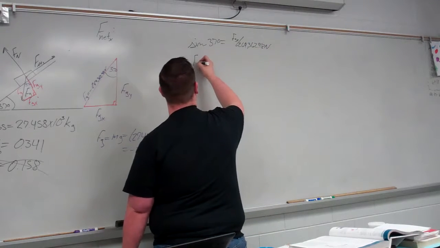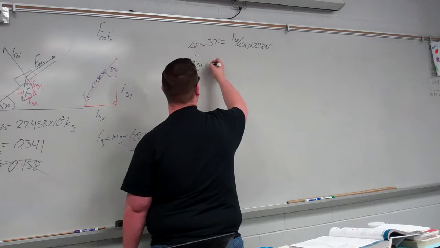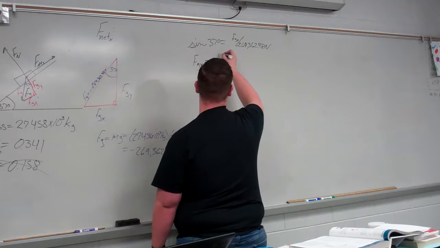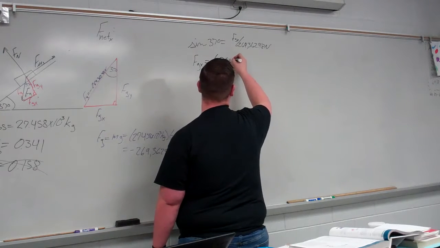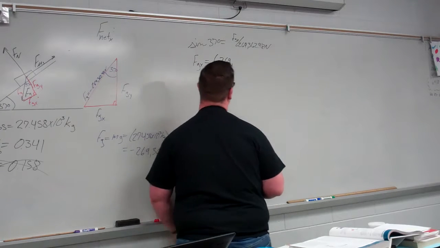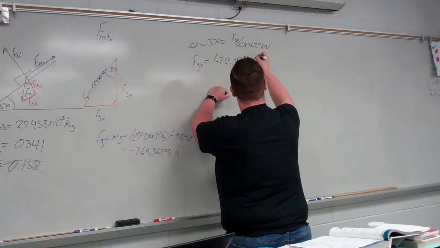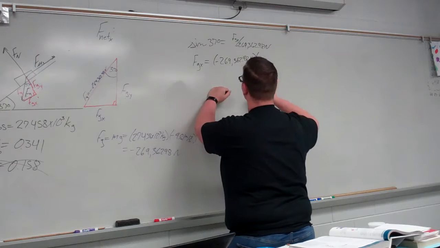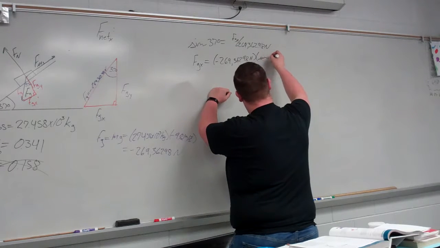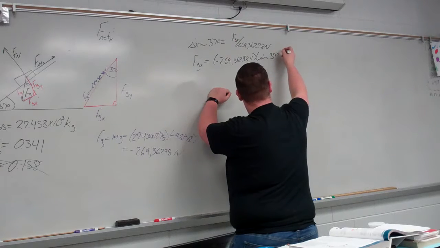So the force of gravity in the x direction is equal to negative 269,362.98 newtons times the sine of 37 degrees.